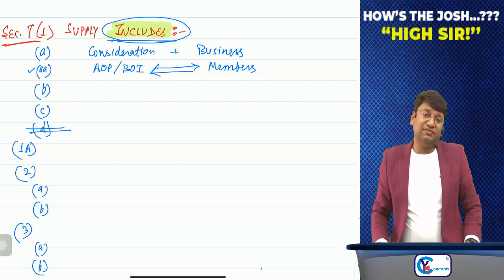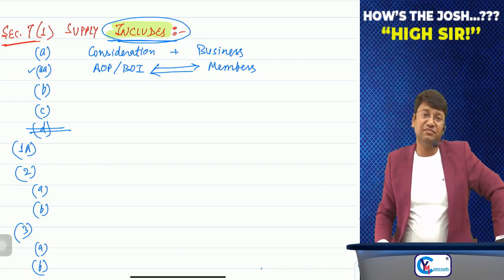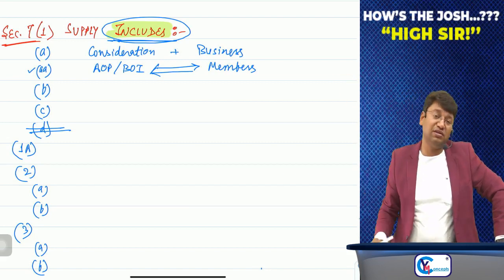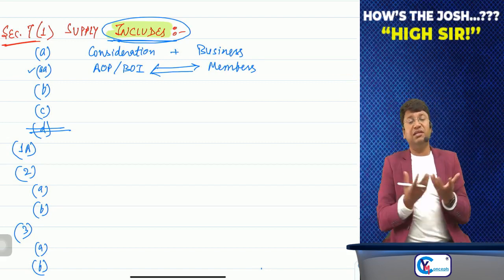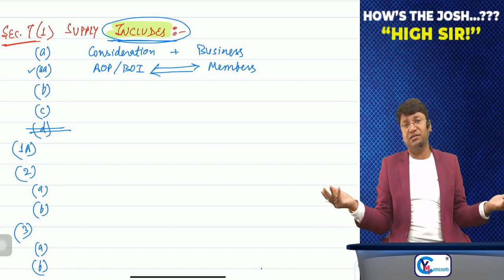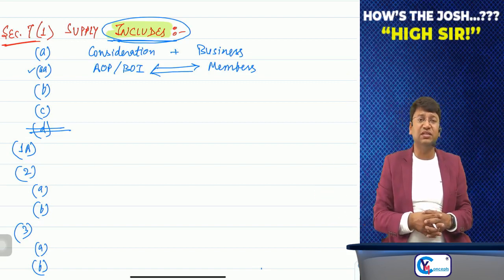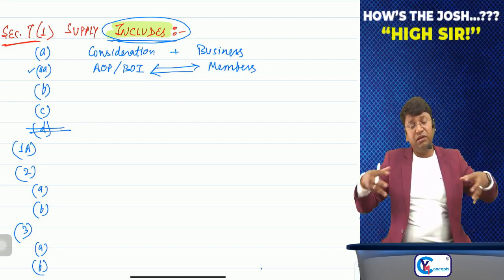Many joint ventures, many societies, AOPs had filed cases in the court that we are members and the club are one and the same person, and why are you charging any GST on the transactions between ourselves.